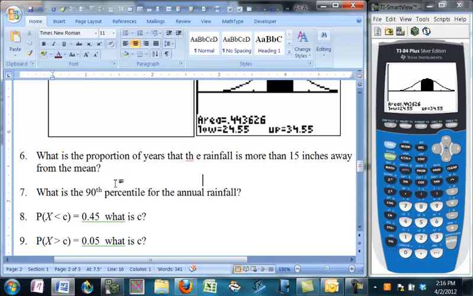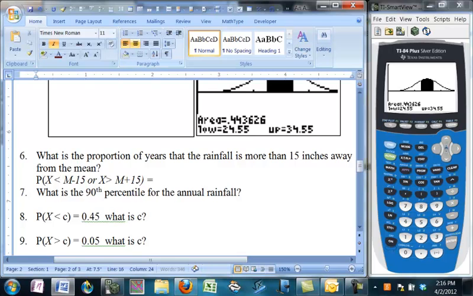What's the proportion of years that the rainfall is more than 15 inches away from the mean? Well, it's 1 minus... Okay, let me put it this way. This is the probability that x is less than the mean minus 15, or x is greater than the mean plus 15.